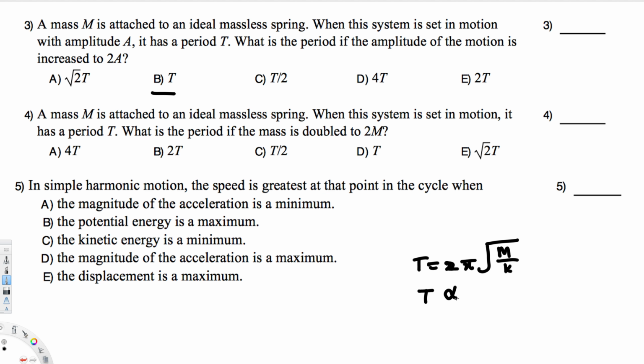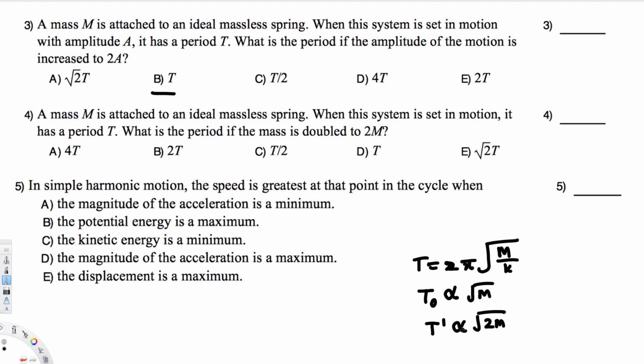T is directly proportional to the square root of m, right? So let's say this is the initial period T. Now when they double the mass to 2m, the proportionality is going to be T prime is directly proportional to the square root of 2m.